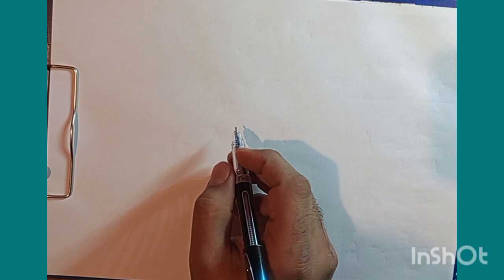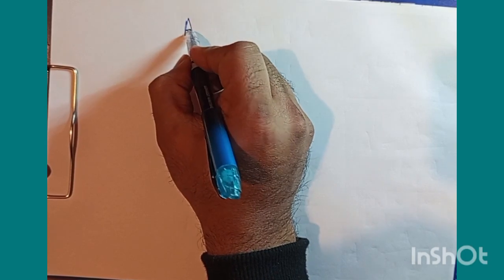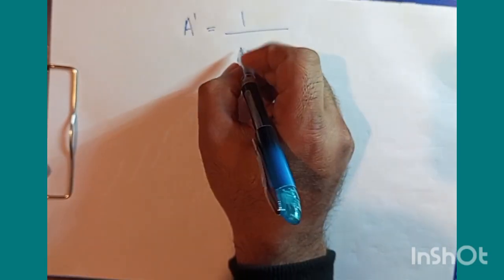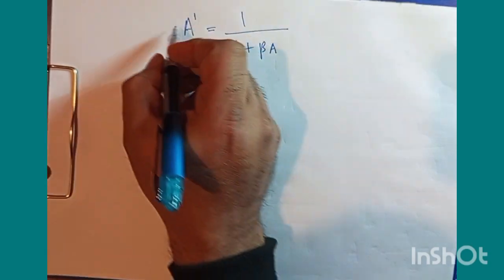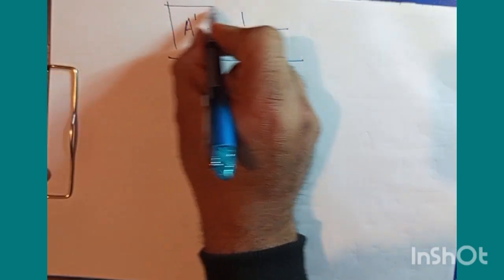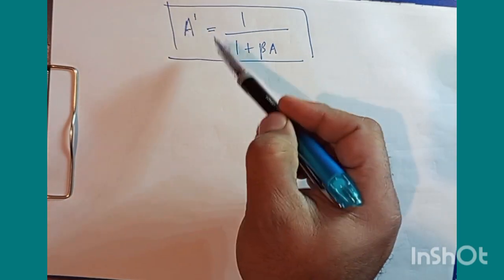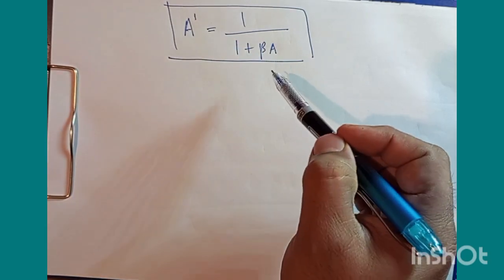In our previous video, I have obtained a result for the gain A dash as 1 by 1 plus beta A. This was the result that we obtained in our previous video, and this is the gain in presence of feedback, and probably the feedback in this case is negative.